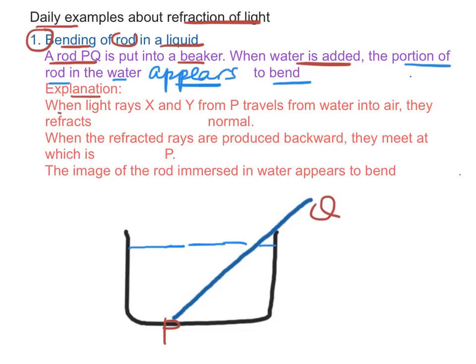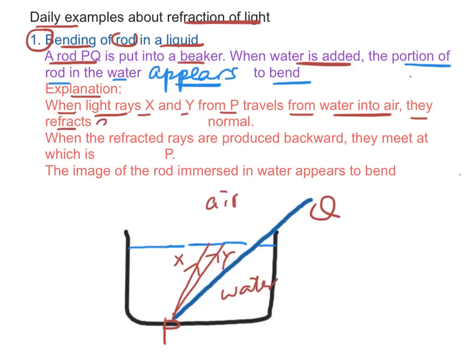Explanation: when light waves X and Y from P travel from water into air, they refract away from normal.